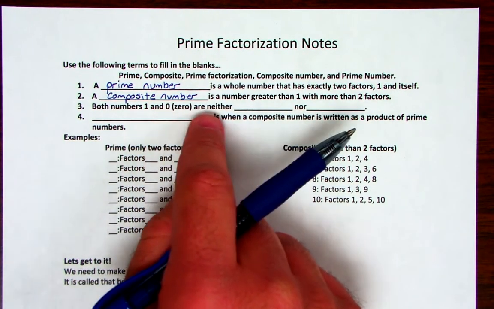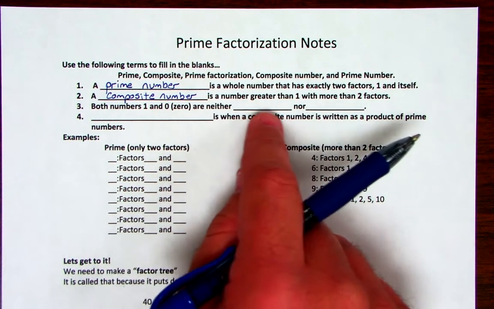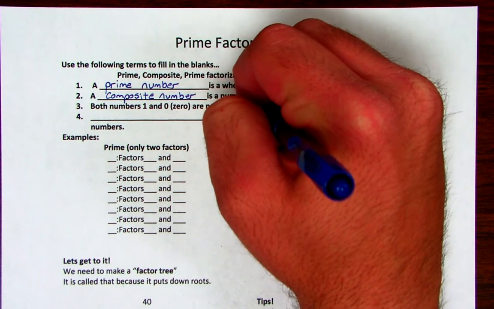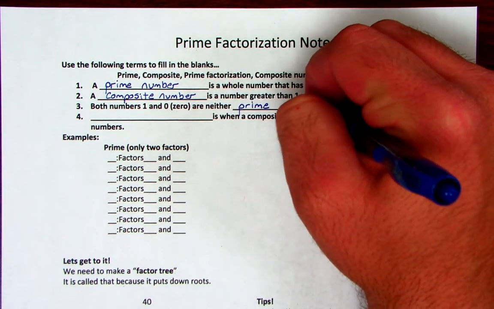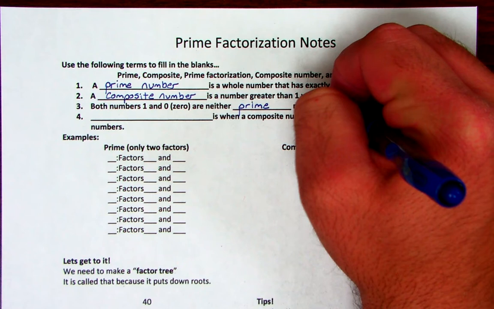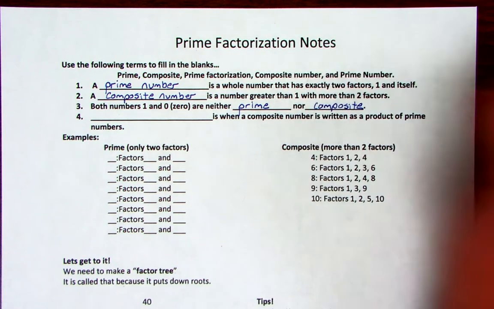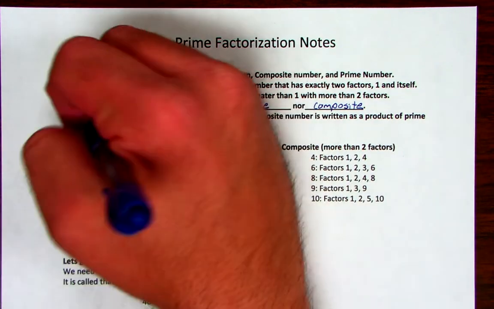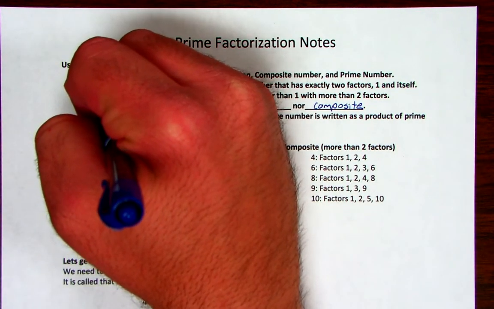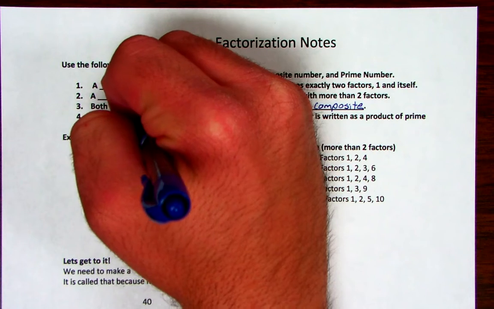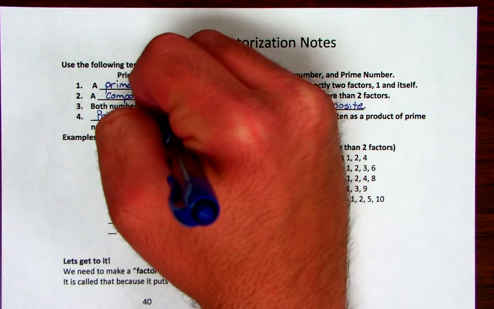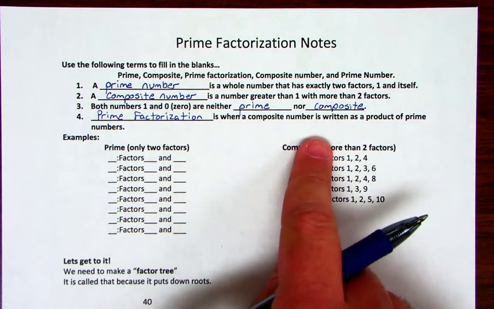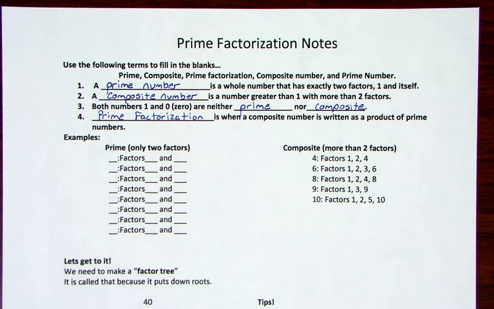Both 1 and 0 are neither prime nor composite. And finally, prime factorization is when a composite number is written as a product of prime numbers.